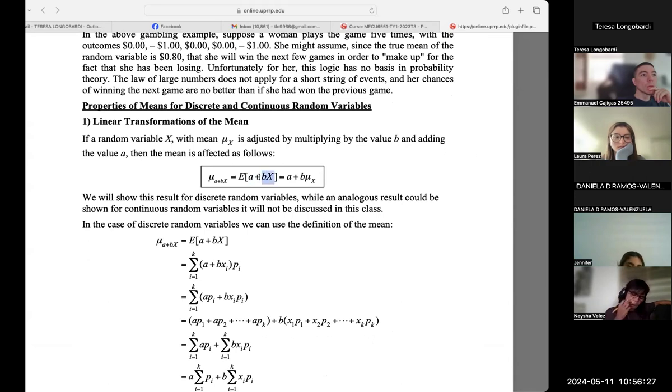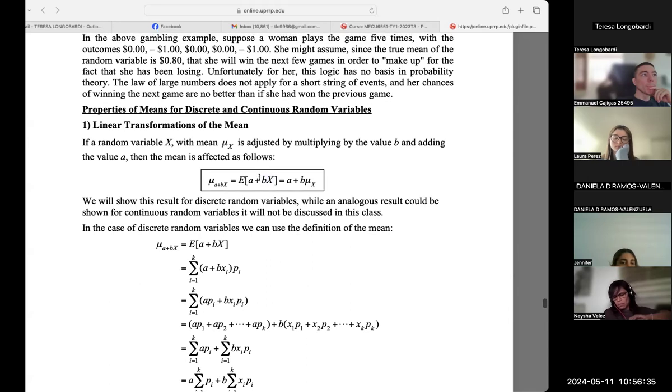You could say, okay, I'm going to double the wins, so doubling would be a 2 for b. And then I'm going to add also $50 to all the winnings. So these are things that you can do to modify the distribution.